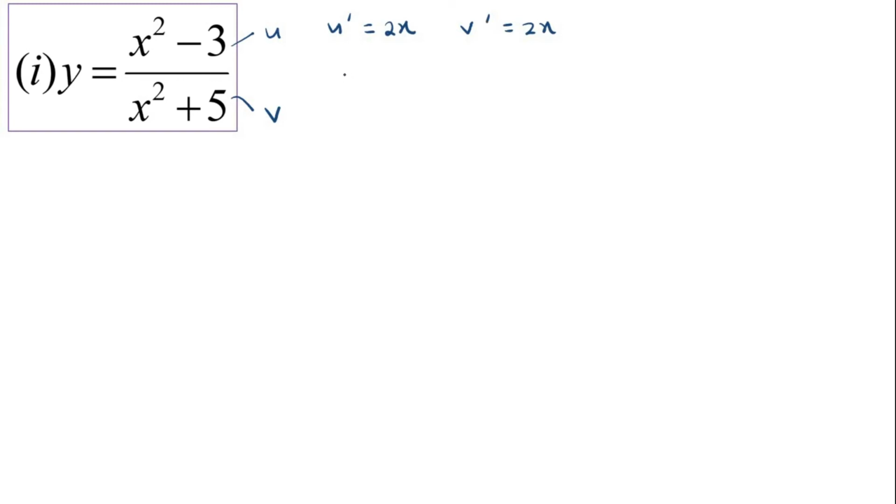I just rewrite back the formula of the quotient rule. So our y prime will be equal to vu prime minus uv prime, divided by v squared. Be careful, don't mess up the formula.